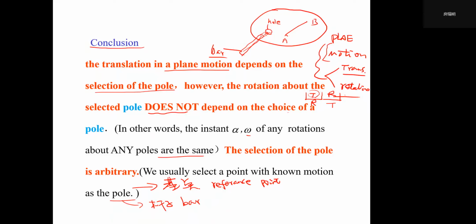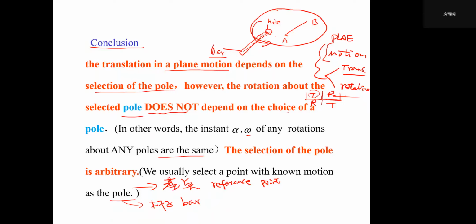When the translational component is finished, the rotation will happen. If we select this hole as the pole, then during the rotation the figure rotates around this hole, but this bar does not need to move, because the whole other part of the figure can rotate around this hole.